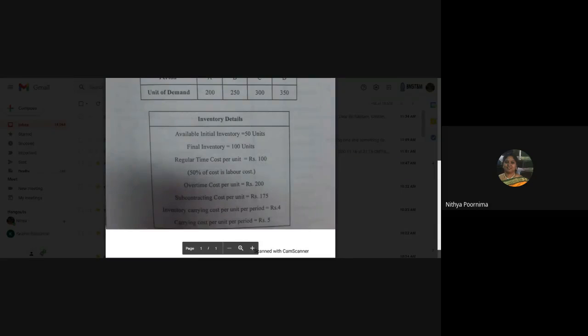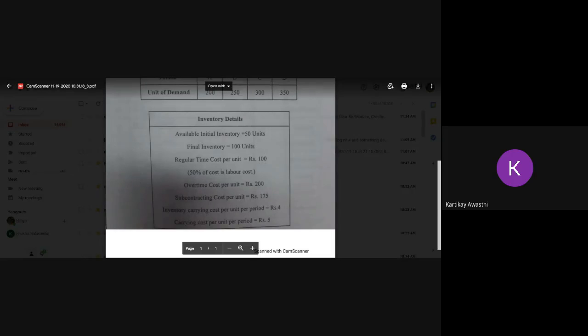Or shall we move on with the solution? Yes, ma'am. Like last time, I'm going to share the Word file again and then we will do it in Paint.